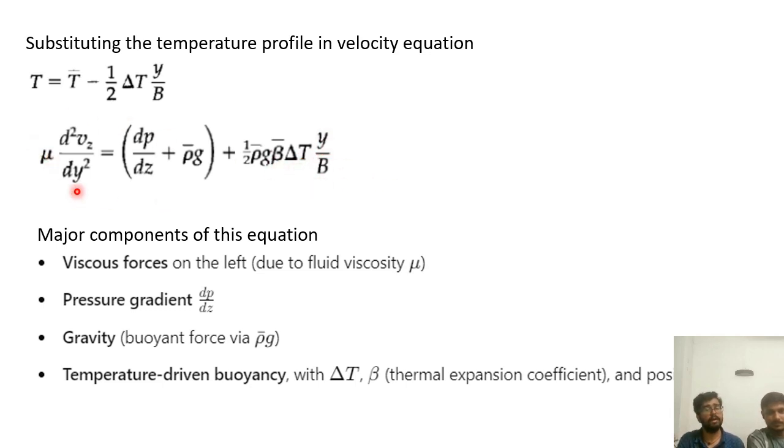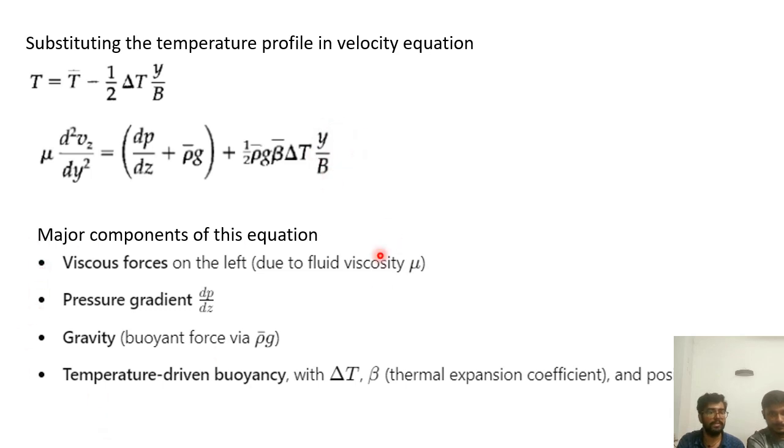Now here we are getting the velocity as a function of distance y. Before, we had velocity as a function of rho. Now we can see that rho is a function of temperature, and temperature is a function of y. So from those relations, we got Vz as a function of y.